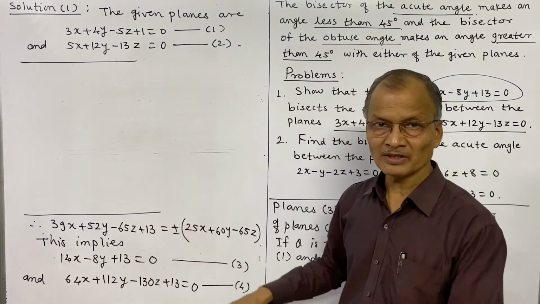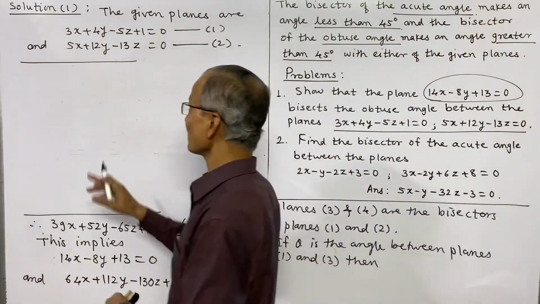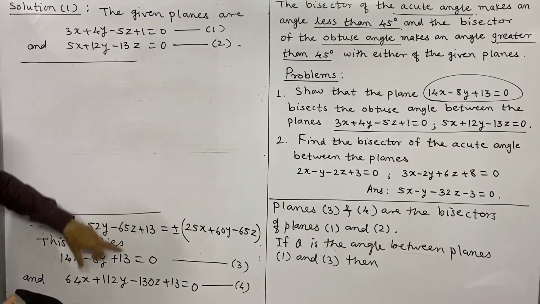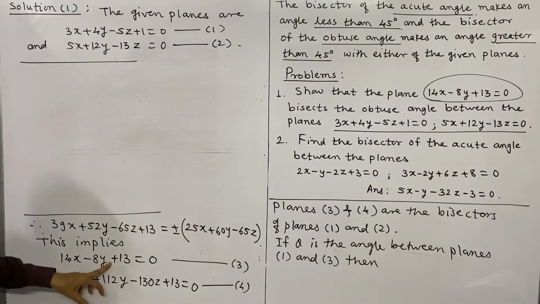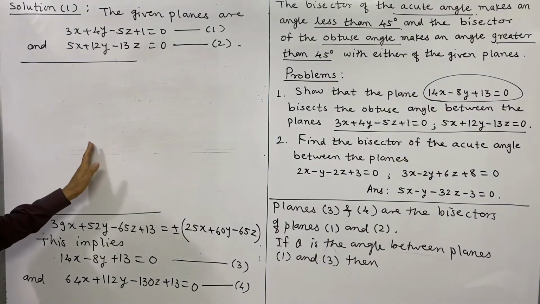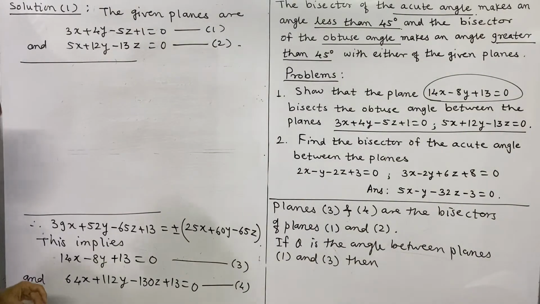And for the angle between these two lines, the formula is A into A1 plus B into B1 plus C into C1, divided by under root of summation A square into summation A1 square. Here z is absent.